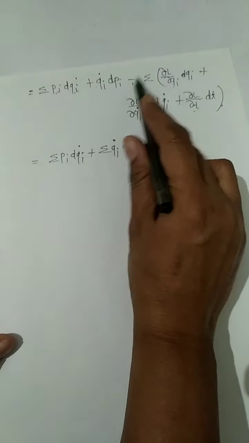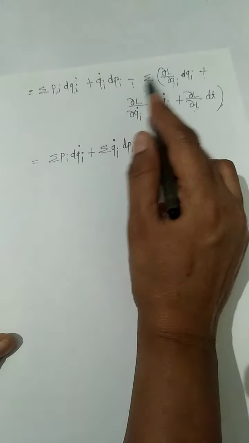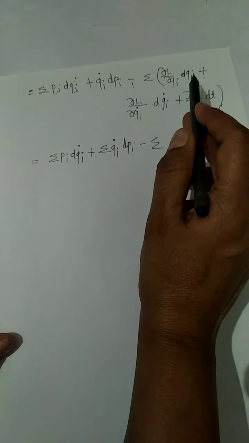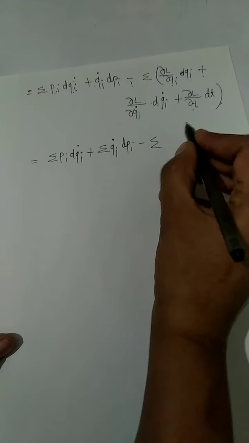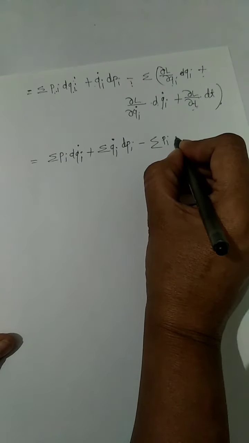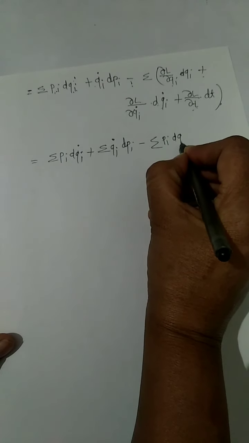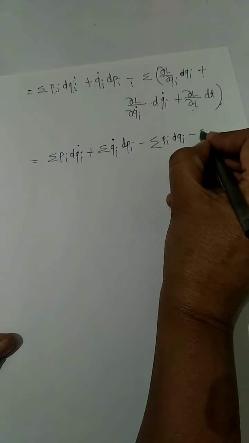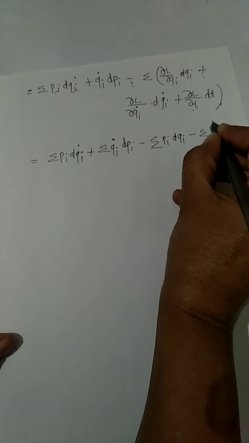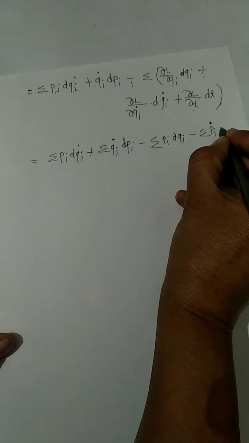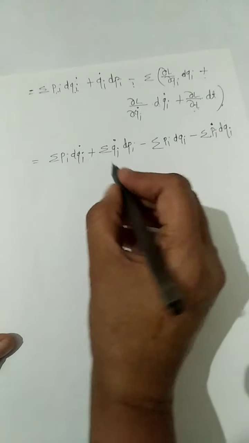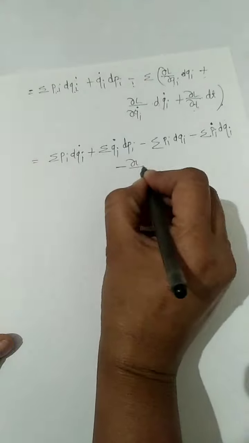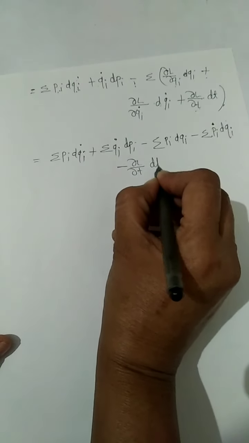Here minus, and this minus sign is multiplied by the whole bracket, then all the terms of the bracket are minus, then del L upon del Qi is equal to Pi, means summation Pi del Qi minus summation Pi dot into del Qi dot minus del L upon del T into dt.